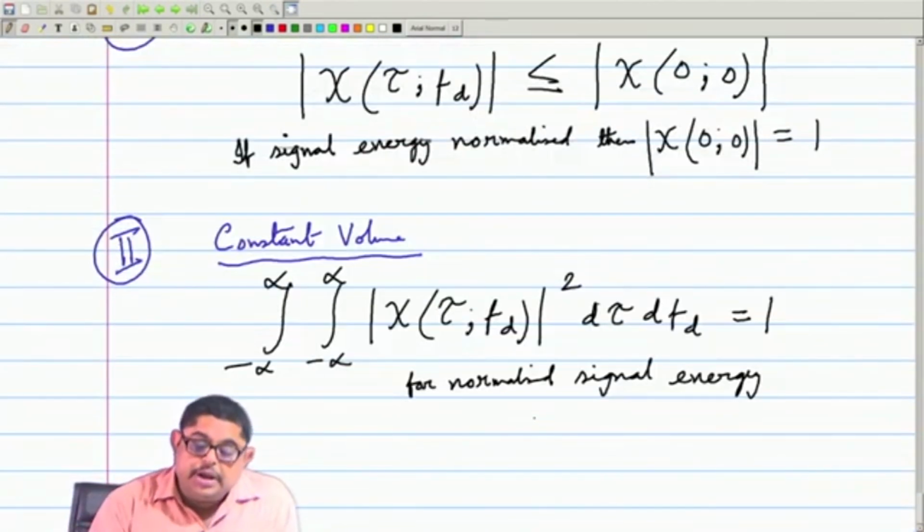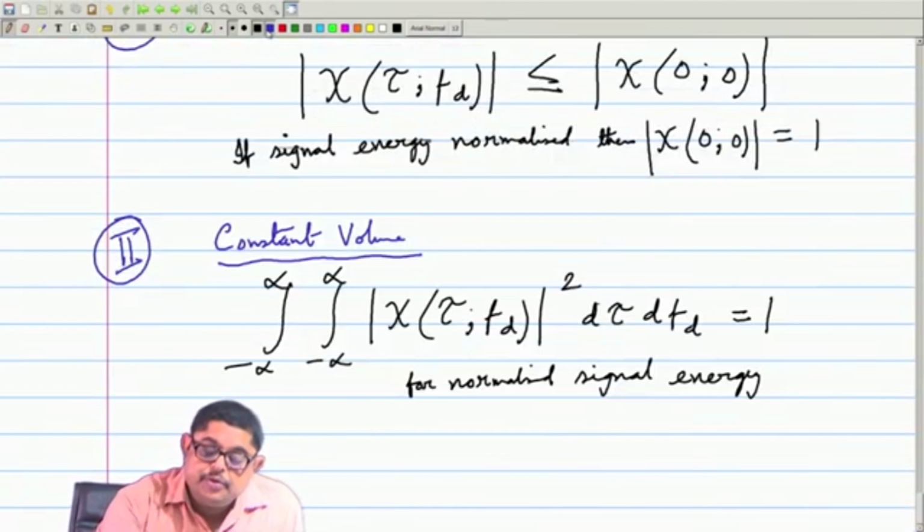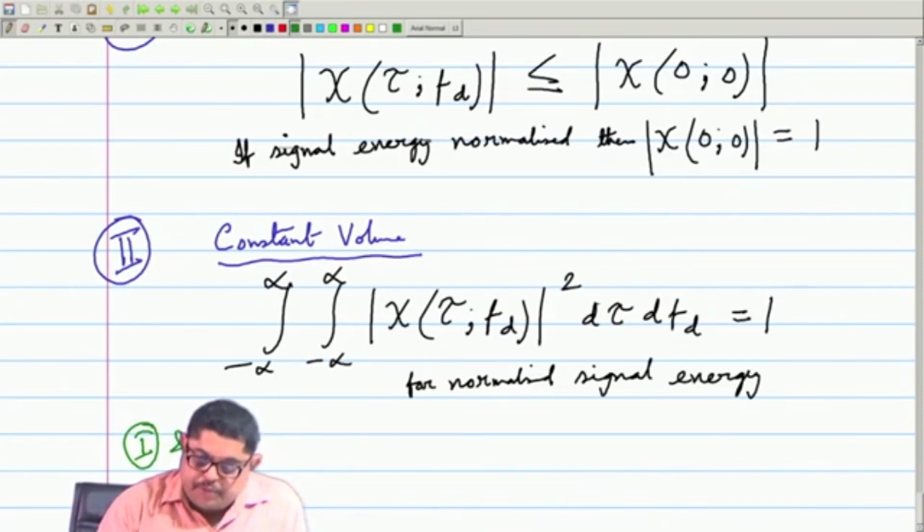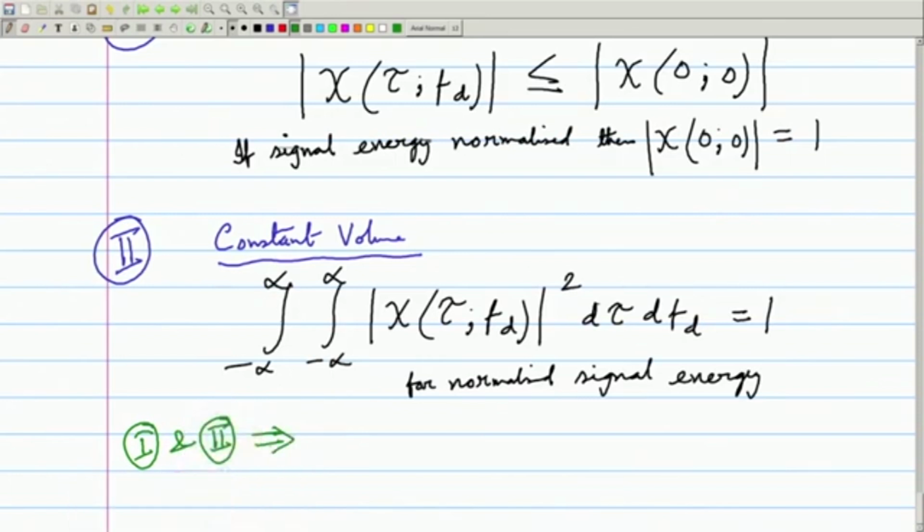Now, property 1 and property 2 together say a very important thing.